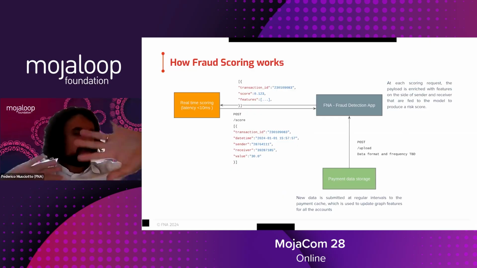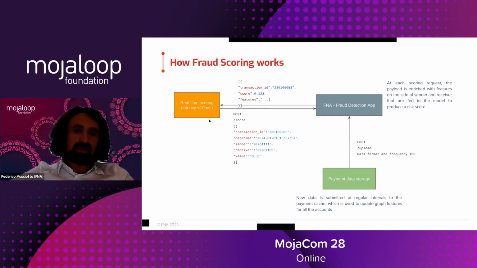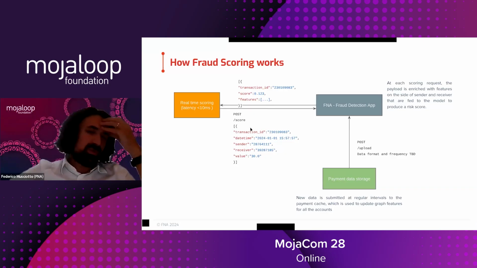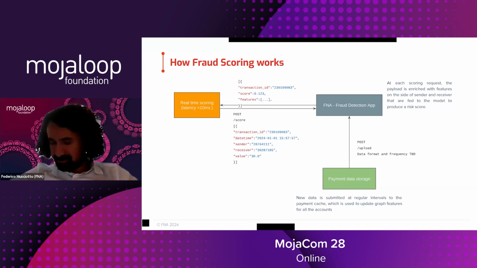Just to clarify, here we have two communications. There is the scoring, and for this we have just a POST API request, but we can also discuss what's the payload required and so on. On the upload, this is about, as I was saying, the upload of past payment data, and also here we can discuss the specific format, both in terms of schema.